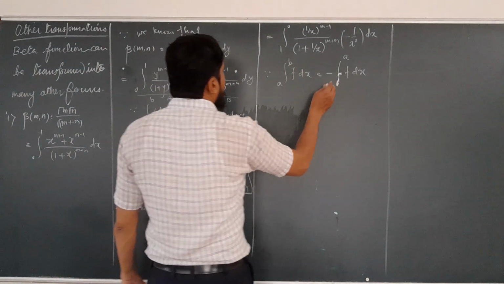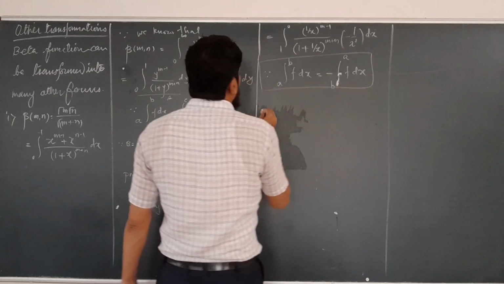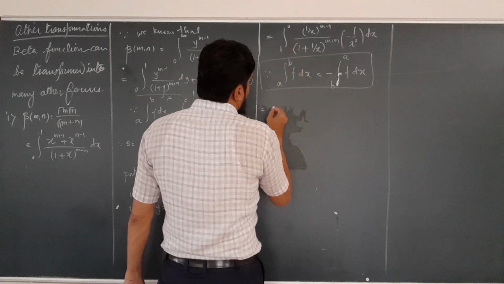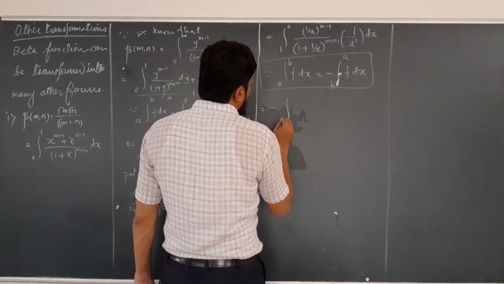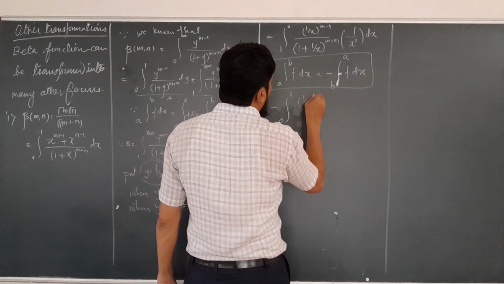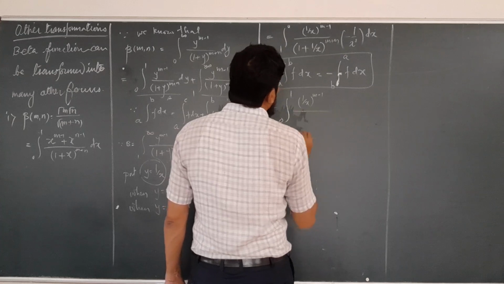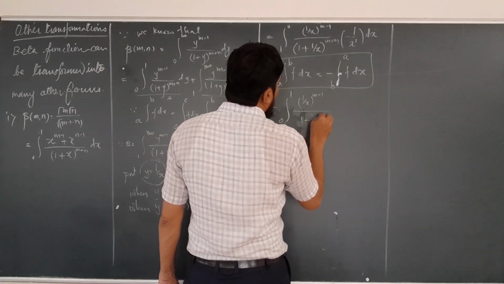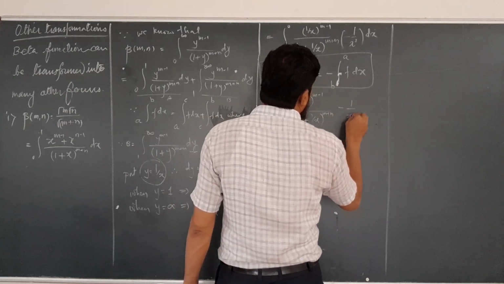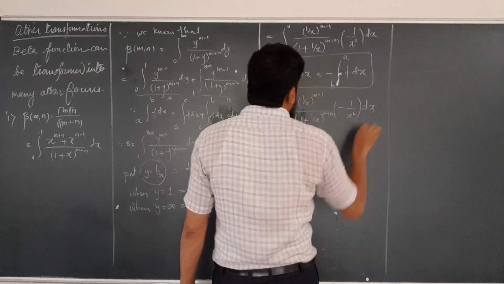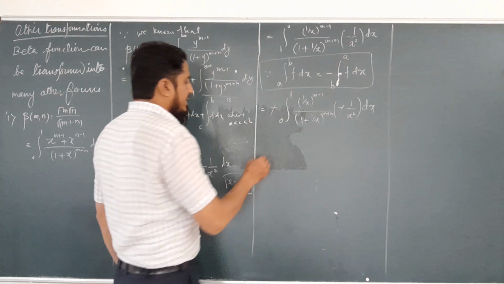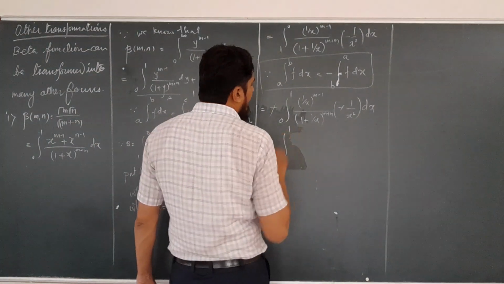So by using this property of integration, we can write minus integration of 0 to 1, 1 upon x raised to m minus 1 upon 1 plus 1 upon x raised to m plus n, times 1 upon x square dx. And this minus will cancel.